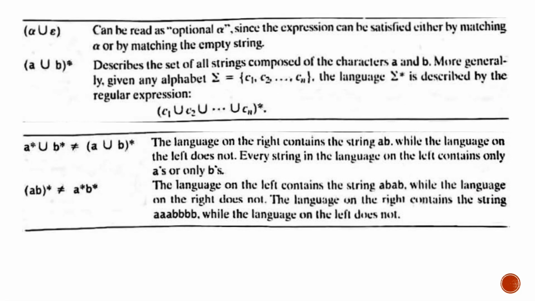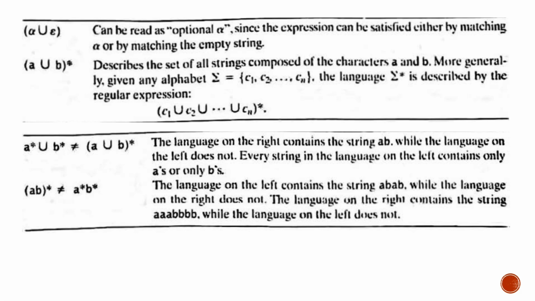Right? The next case, alpha union epsilon is alpha, meaning alpha may be there or epsilon may be there, meaning optional alpha. Getting it? It can be read as an optional alpha. Epsilon means nothing.